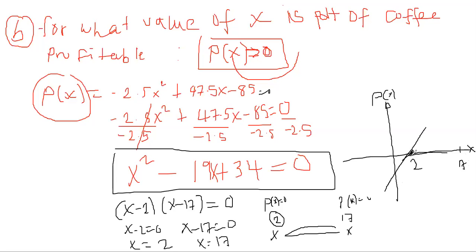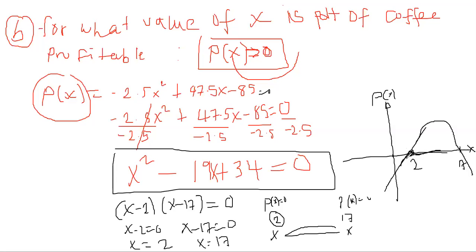This should cross here. I'm terrible when it comes to drawing graphs. So here profit is 0. At 17, profit is 0. But between 2 and 17 is where we make a profit.